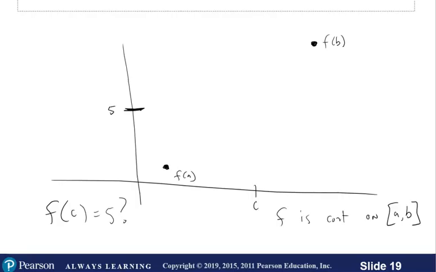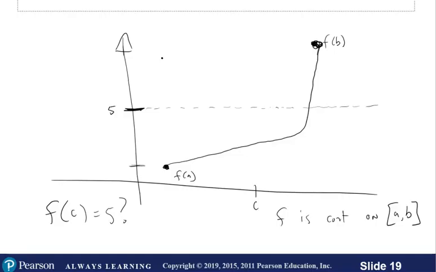If f of a is down here, I don't know what it is, but it's less than 5. f of b, that is the output, right? Those are outputs, is greater than 5. In other words, do I have to hit 5? Is there any way I can draw my function f so that it doesn't cross that line? And the answer is no, it's got to. I could try and avoid it, but I got to get up here if f of b is the output.